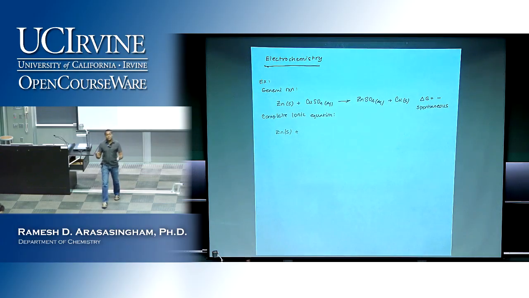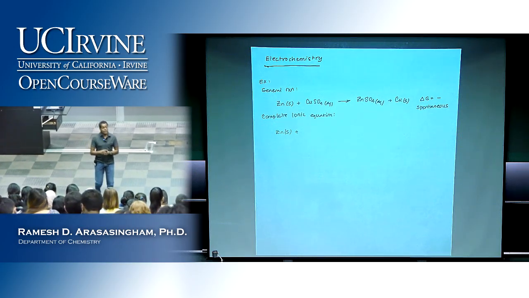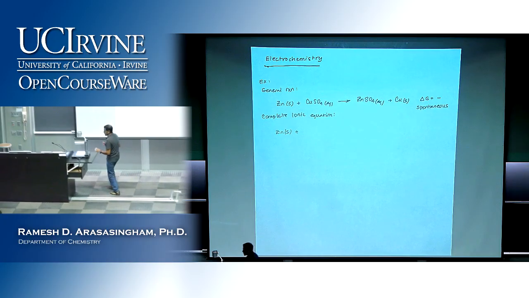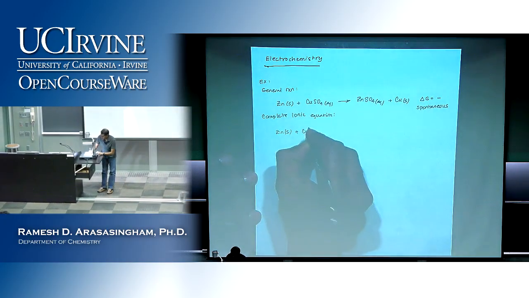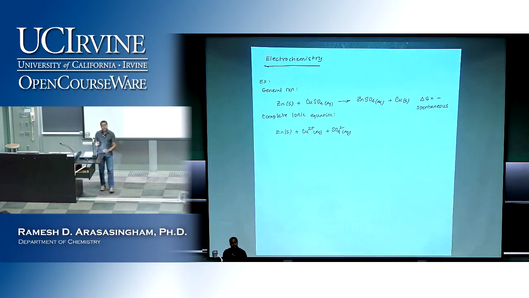How do you know? Solubility rules. Okay, the solubility rules tell you that copper sulfate is soluble, and if it is a soluble salt, we know that it dissociates completely to give me copper 2 plus aqueous plus SO4 2 minus aqueous. So in reality, this is what the reactants look like in solution.